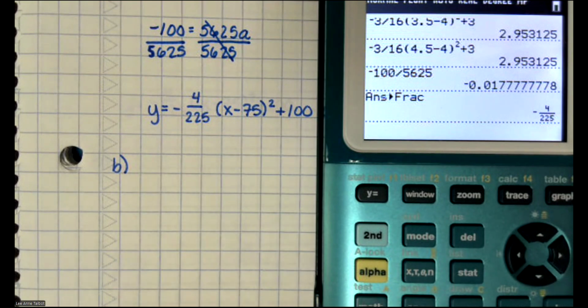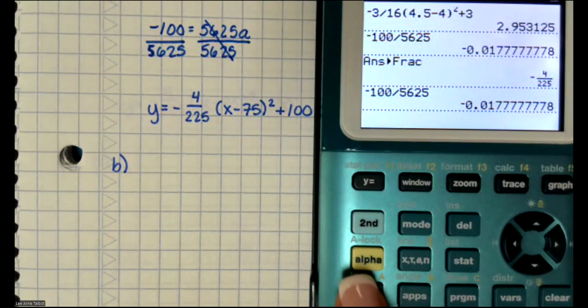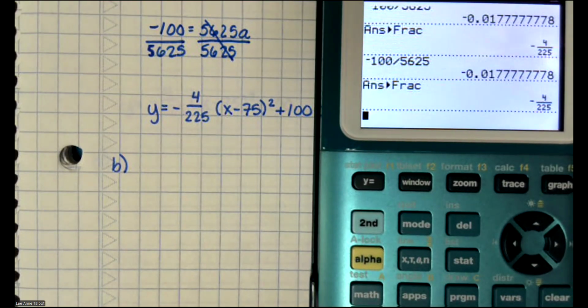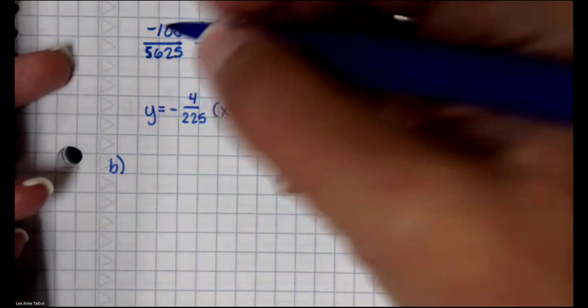Okay, let me do it again. Negative 100 divided by 5625. Gross ugly decimal. Math. Enter. Gorgeous, beautiful reduced fraction.